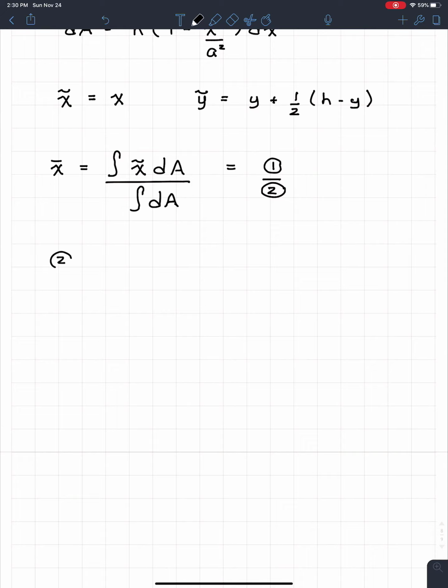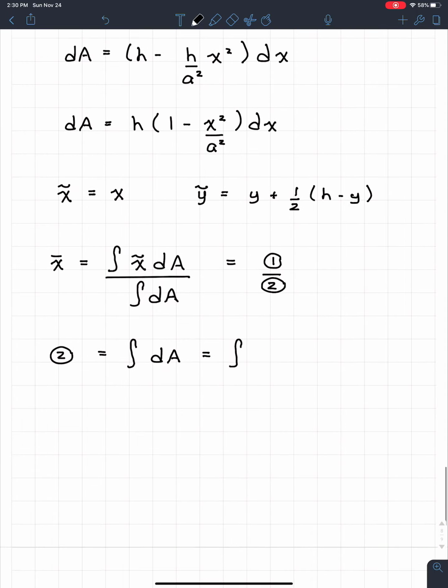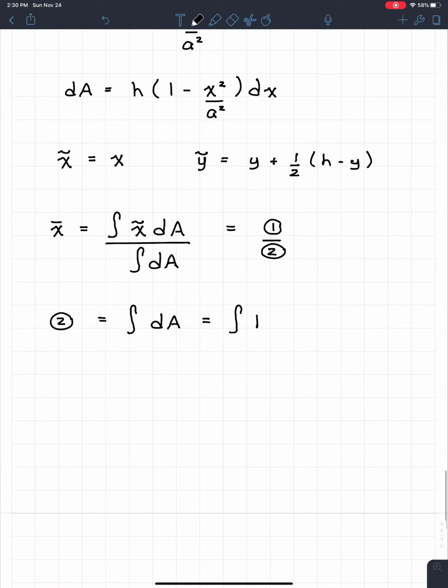Why not? So the integral of dA is going to be the integral. Now we figured out dA, so it's going to be h times 1 minus x squared over a squared times dx. And another thing I should add right here too is the way I integrate things doesn't have to be the way you guys integrate things.